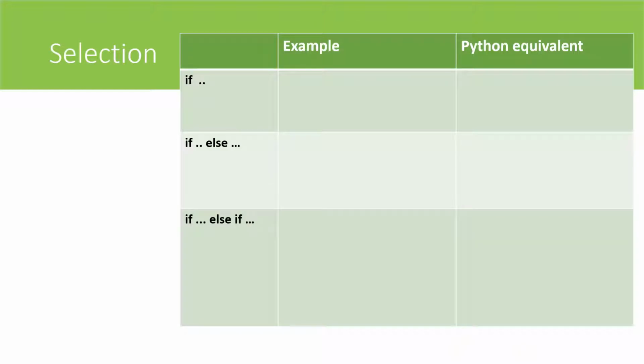So again, using selection, if we have if-else and else-if statements, we can present those in a pretty clear and straightforward way using if-then, and then we also have some kind of statement, and then we finish it off with an end-if. The Python equivalent for that example is also given here.